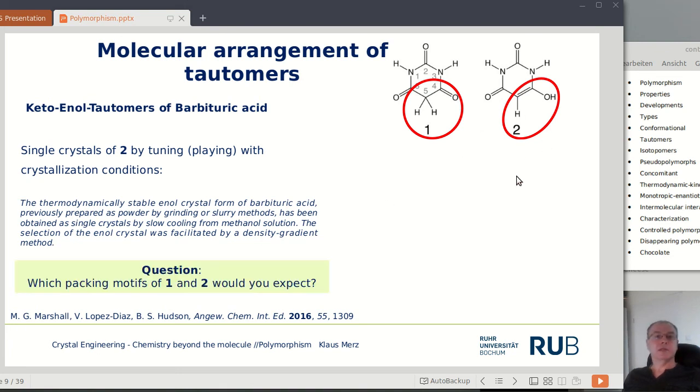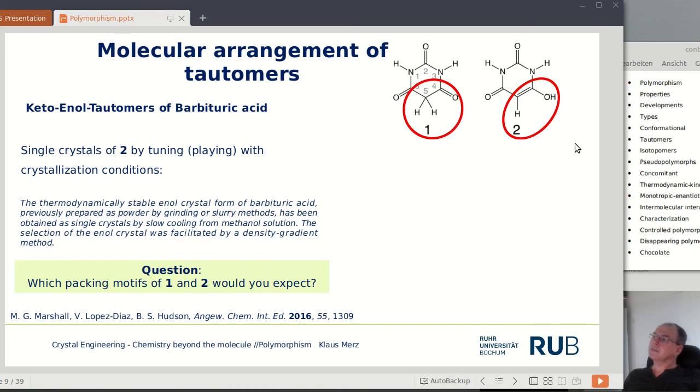And the question is, what do you think? What is the difference in the crystal packing? We have a keto function here. In this case we have three keto functions here, C=O three times, and two amino functions, so you can say an amide group and an amide group.